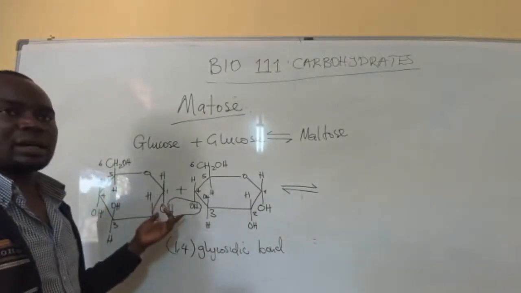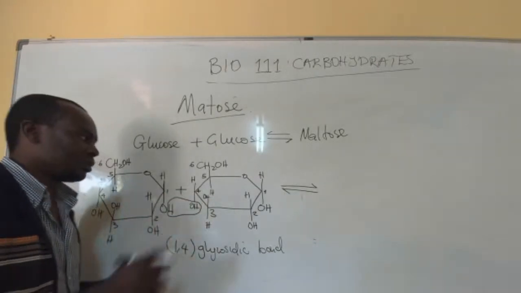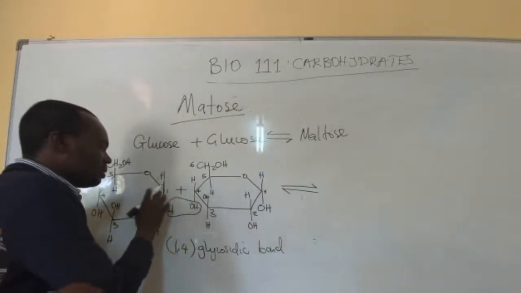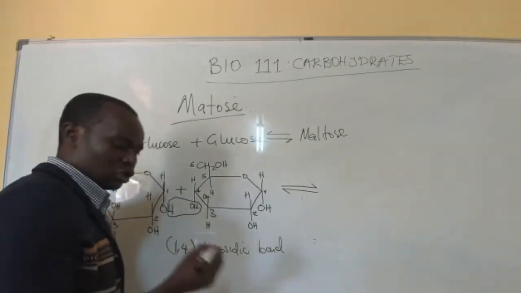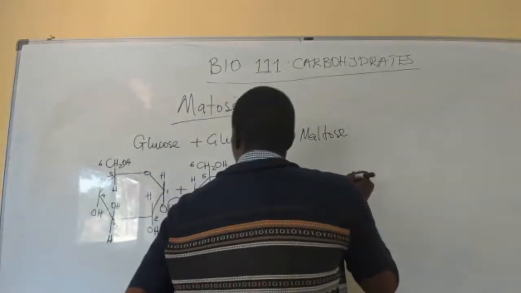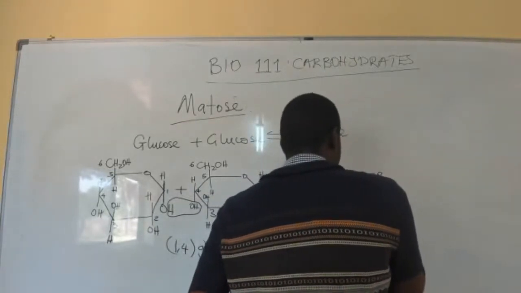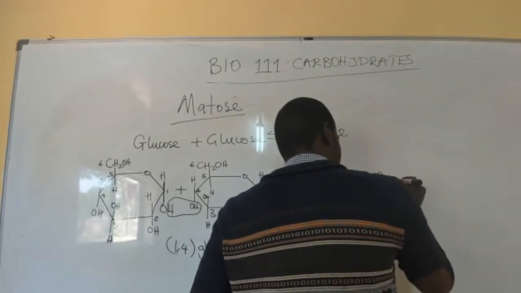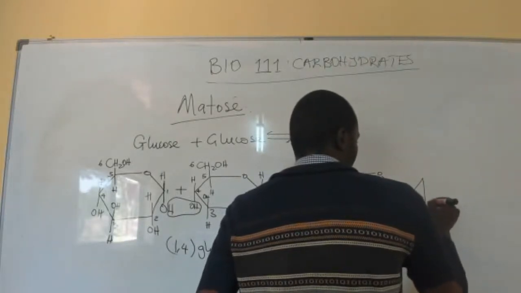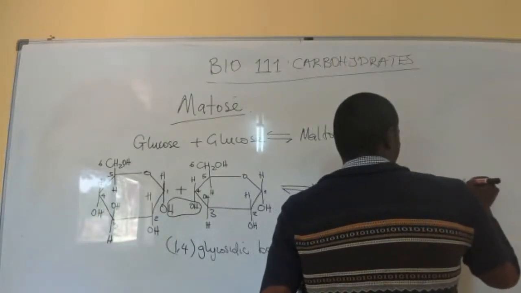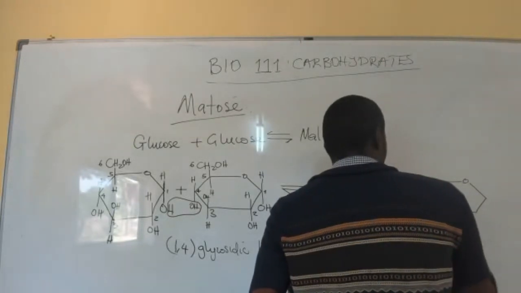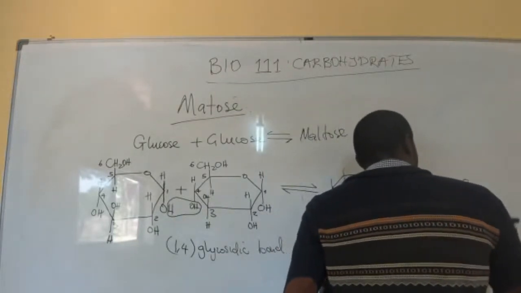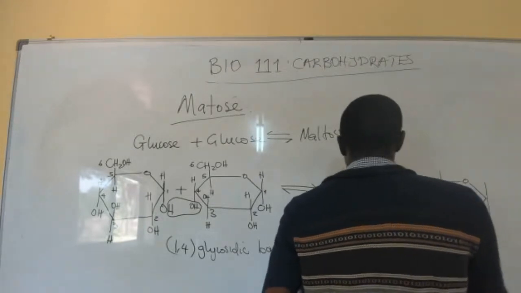So between the anomeric carbon and the carbon that is not anomeric, because it is not attached to the functional group, these two generate a glycosidic bond and form a disaccharide. I hope my diagrams are clear.